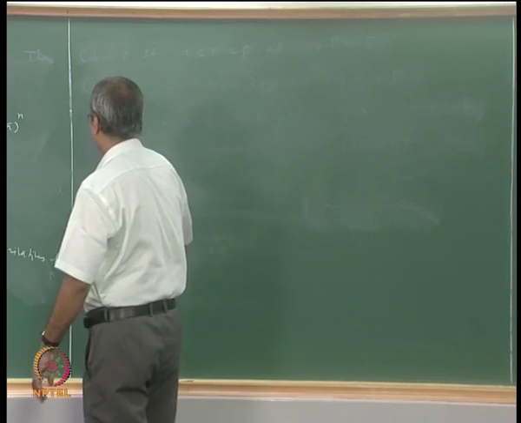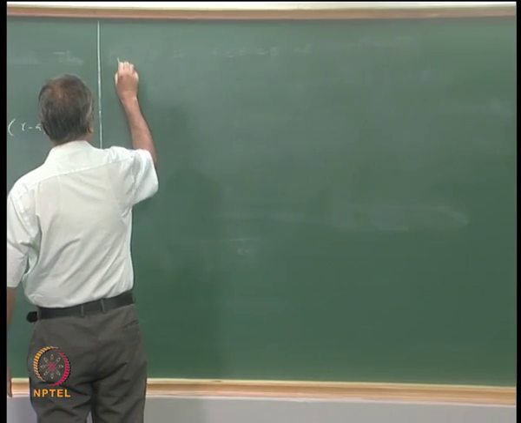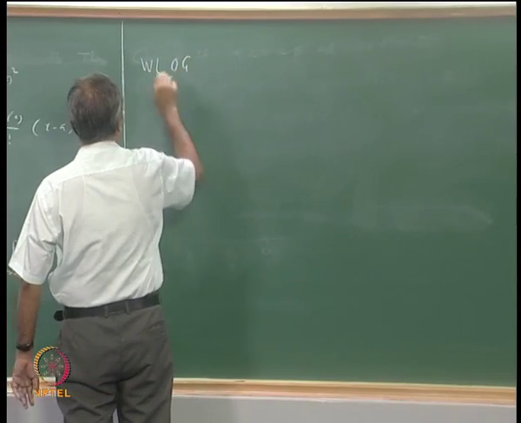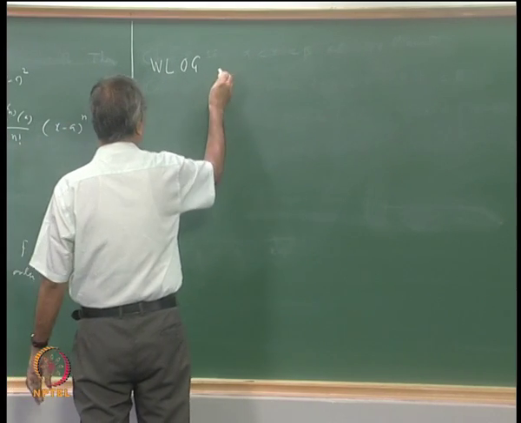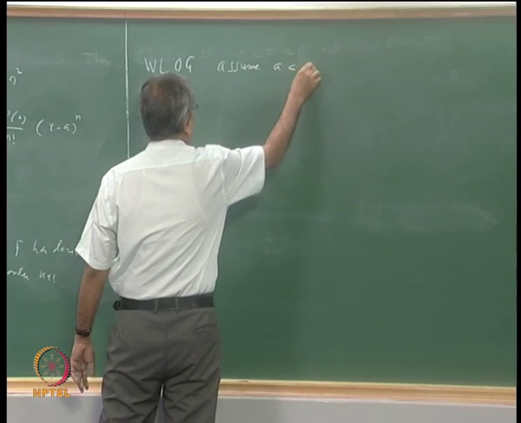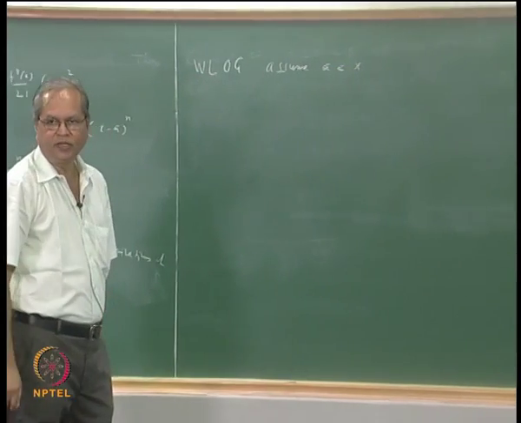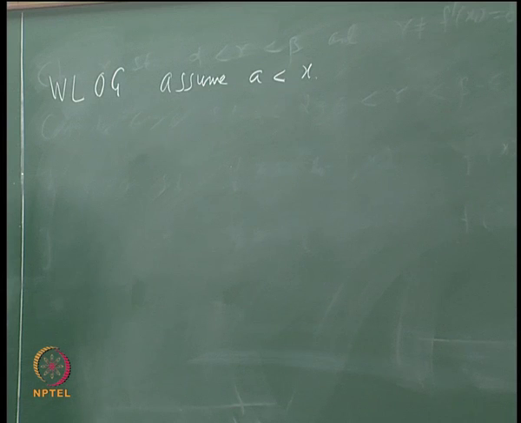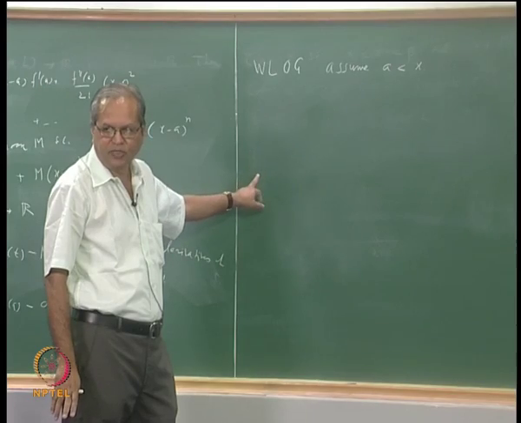As we did earlier, let us say without loss of generality, we will use this argument again, assume a less than x. Then there exists a point, suppose I call that point alpha 1, such that a is less than alpha 1 less than x, such that big F prime at alpha 1 is 0.